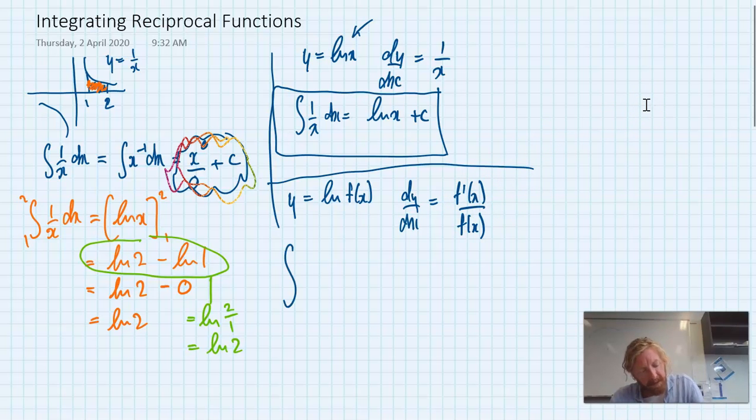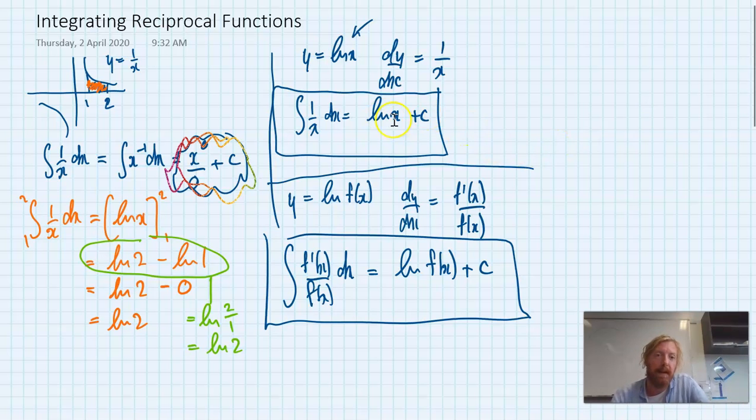So the integral of f dash x on f of x dx equals ln of f of x plus c. Now that is the real hero for today, okay? This is the simple version. This is the one we're going to use. What we want to look for is the derivative sitting on top of the original function. Then I can just jump to my answer.